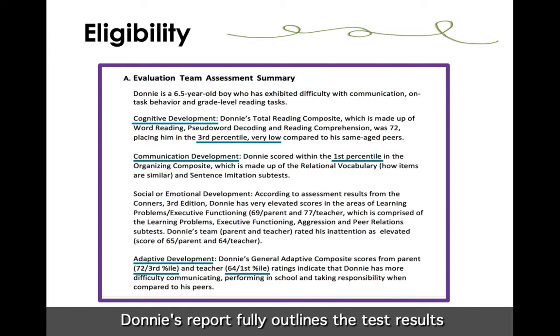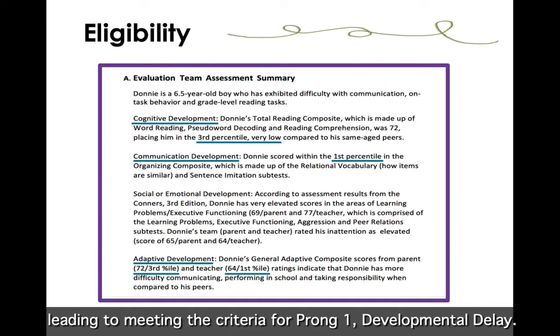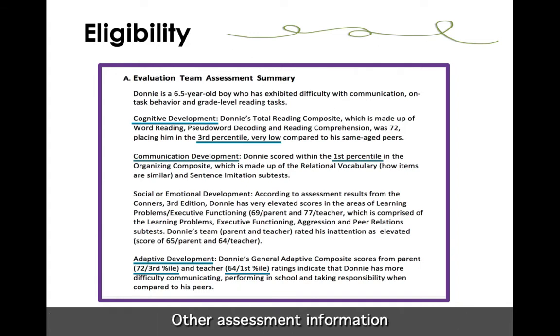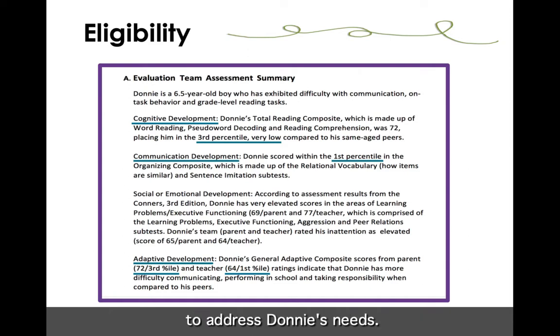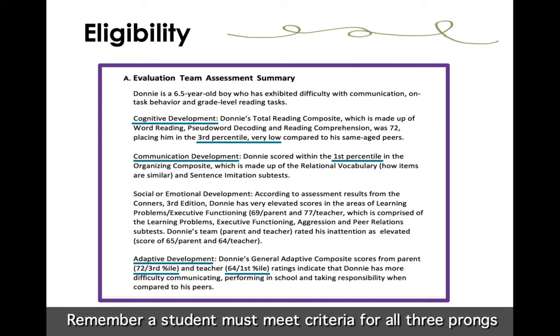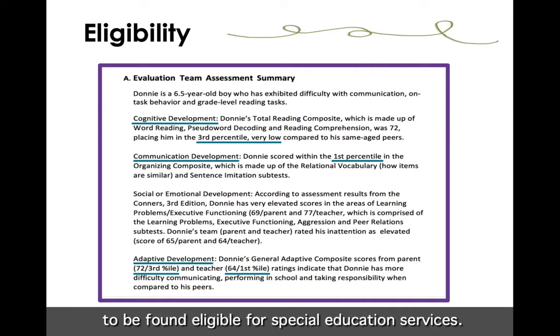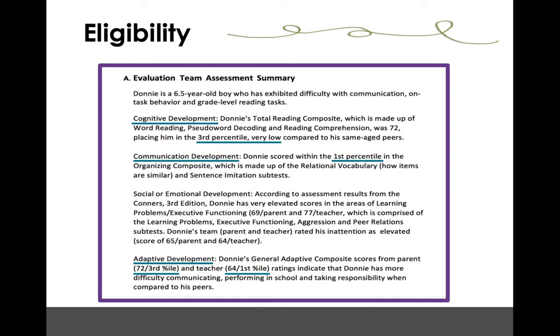Donnie's report fully outlines the test results, leading to meeting the criteria for Prong 1, developmental delay. Other assessment information in the report will help the team identify other skill areas to address Donnie's needs. Remember, a student must meet criteria for all 3 prongs to be found eligible for special education services.